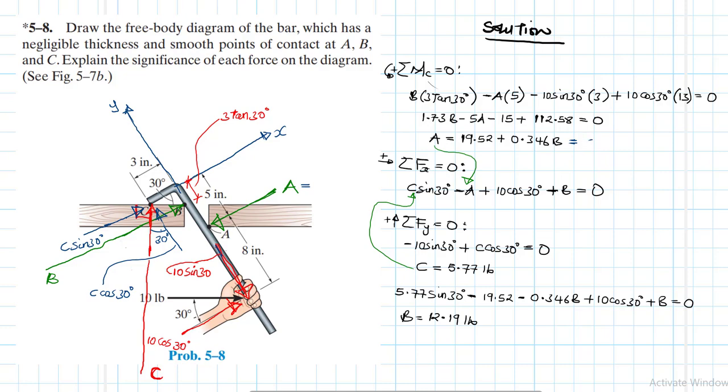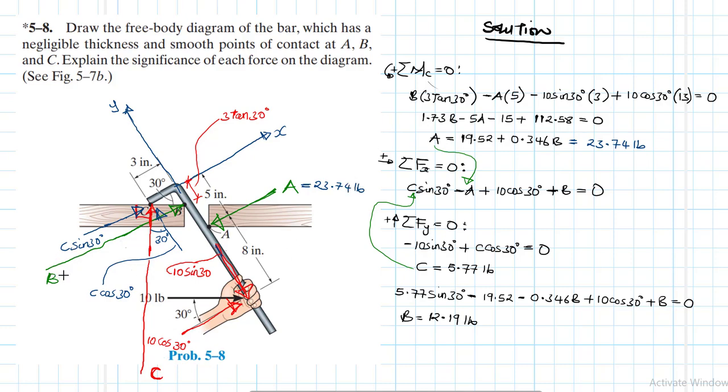So this one is equal to 23.74 pounds. Alright, so my A is equal to 23.74 pounds.